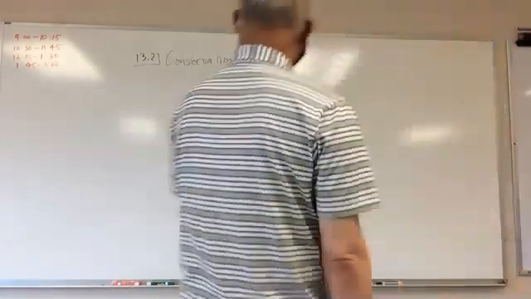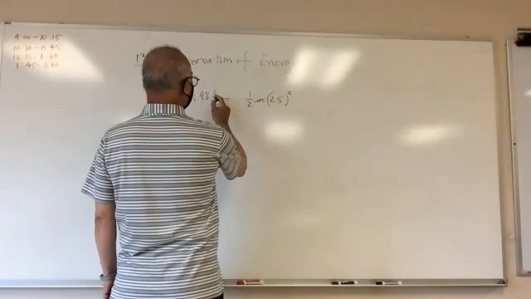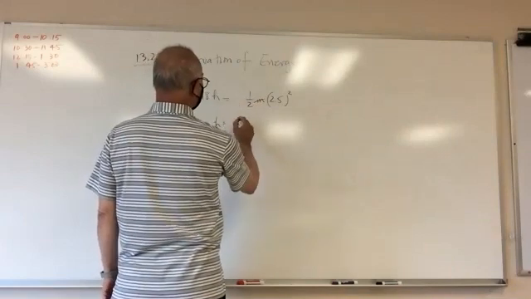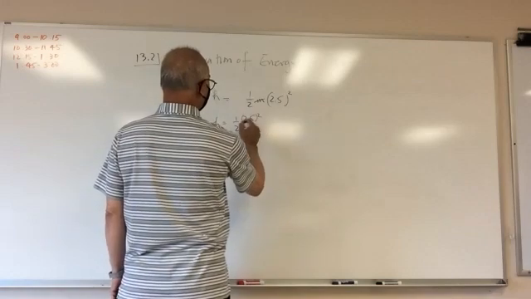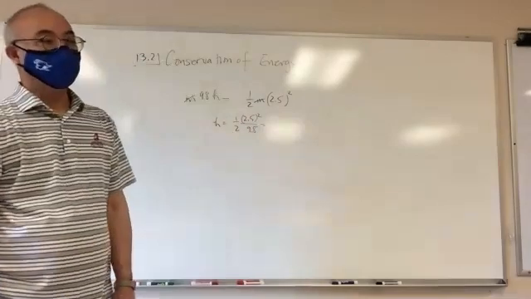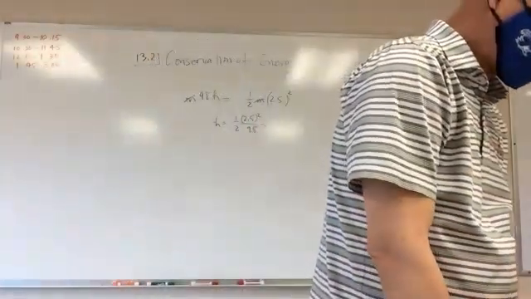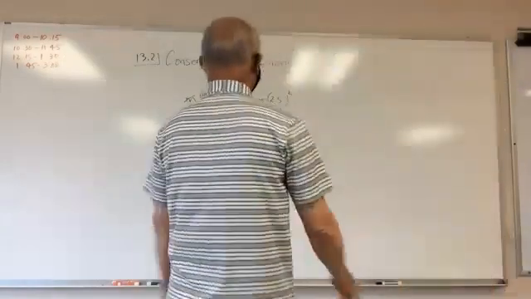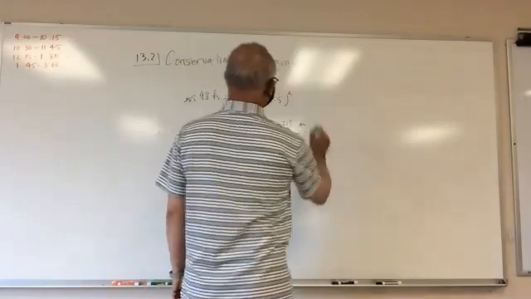The m's cancel out. So height is going to be equal to 1/2 times 2.5 squared divided by 9.8. Simple as that. If you do that, it's 0.318 meters.